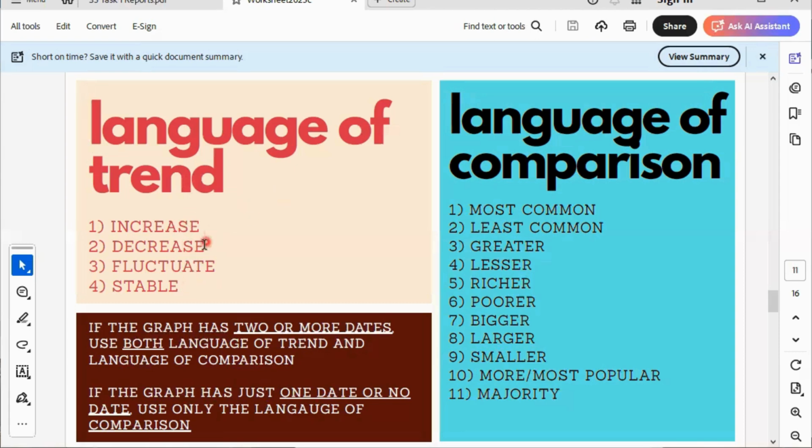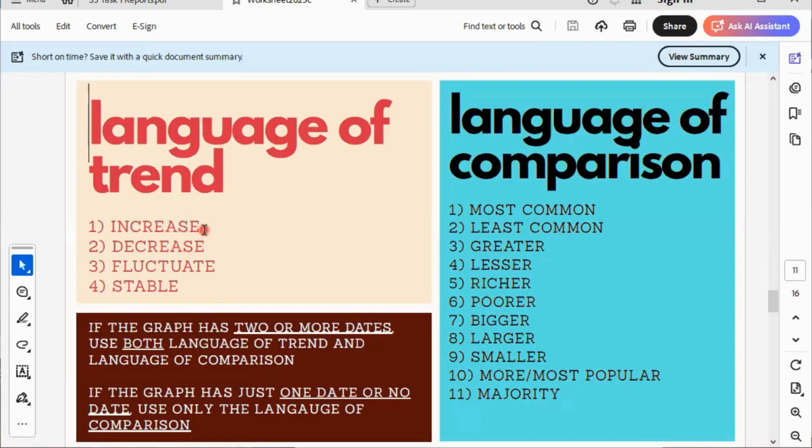Increase, decrease, fluctuate, stable. Okay? Language of trend. These are the four words. So anytime somebody writes a sentence and I see any one of these words in that sentence, or any of their paraphrases.